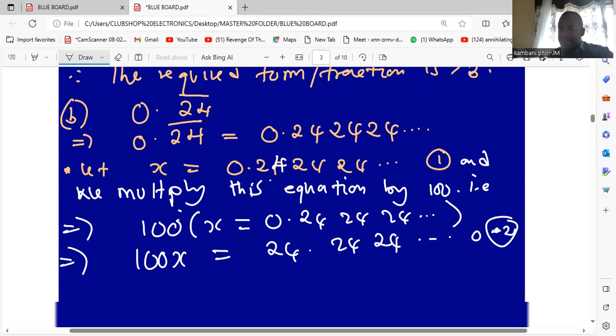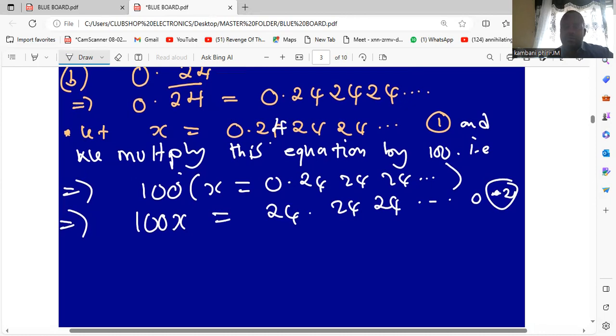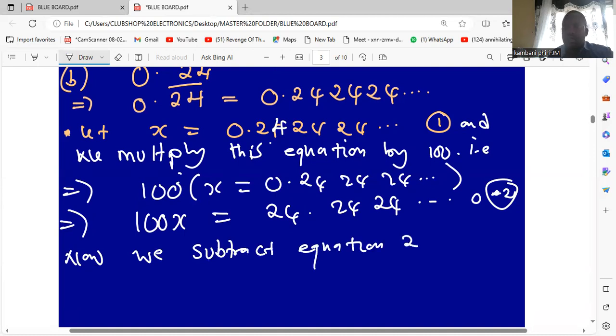Right. Now, we are going to subtract these two equations, right? We subtract equations 2 and 1.